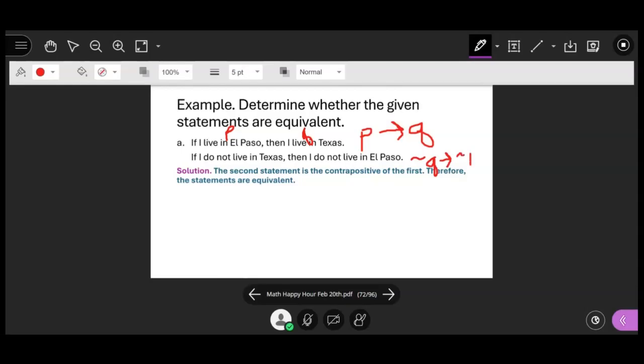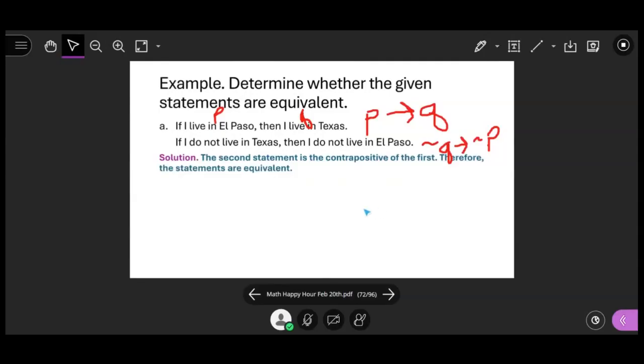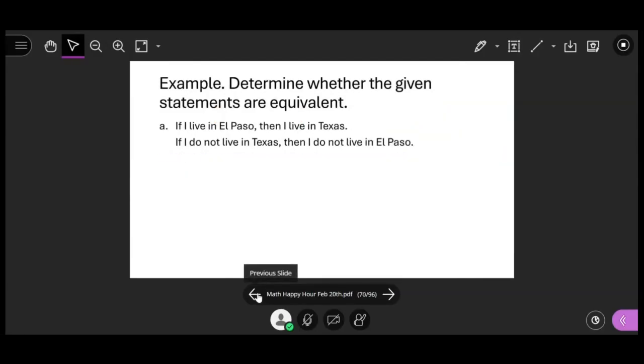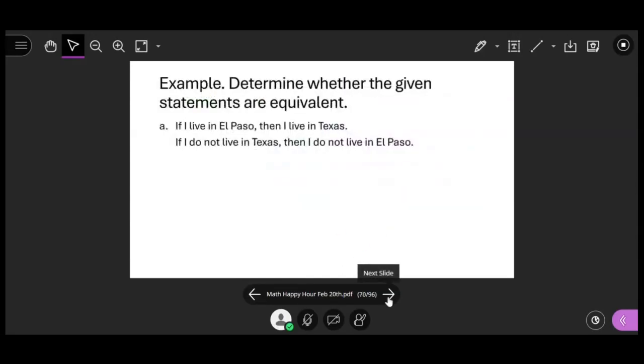That's negation P. Okay, so here we have the contrapositive because we switched the Q and the P, and then we have the negation of it. So the second statement is the contrapositive of the first. Therefore, the statements are equivalent. And we can see they're equivalent from our table here. So this was our statement, and the contrapositive, they're the same, so they're equivalent.